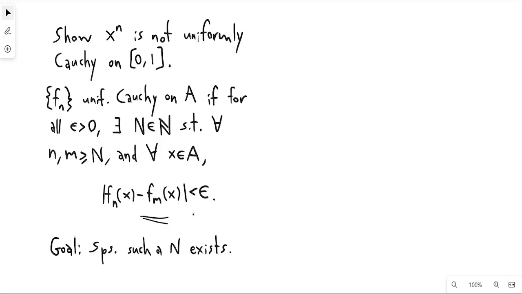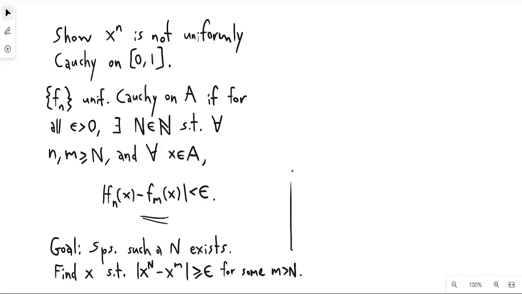So suppose that there's a big N that satisfies this definition, and we basically want to find an x such that absolute value of x to the big N minus x to the m is greater than or equal to epsilon for some m greater than or equal to big N. Well, okay, I guess probably strictly greater than big N. So this will show that the uniformly Cauchy criterion basically breaks. We can always find an x that will make it not work.